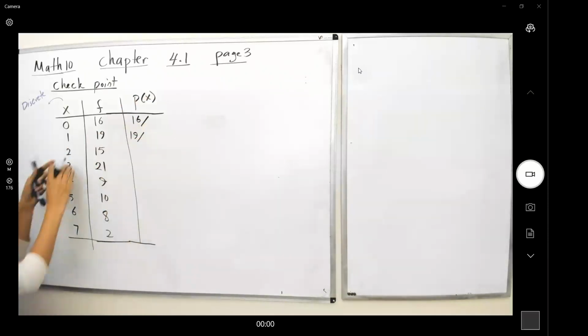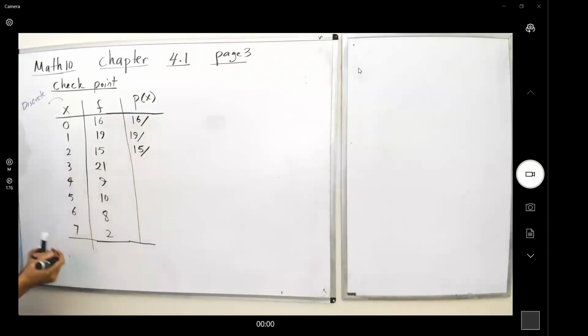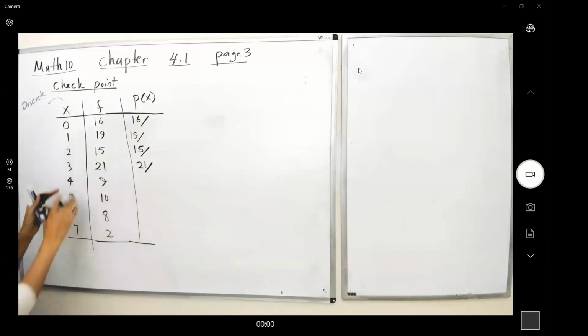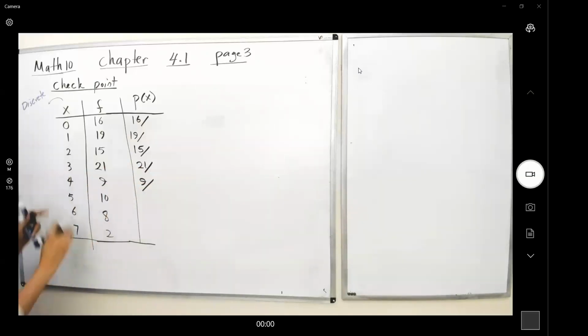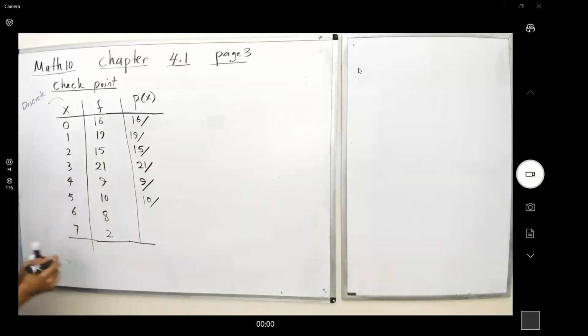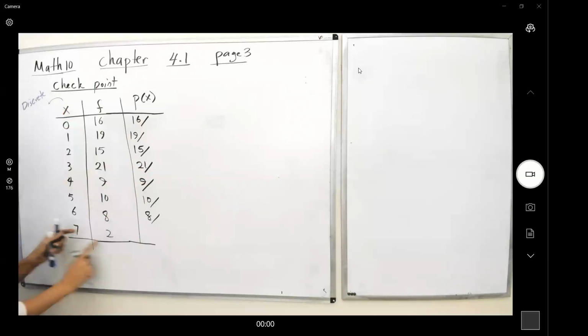P of X equals 2, the frequency is 15 divided by. P of X equals 3 is 21 divided by. P of X equals 4 is 9 divided by. P of X equals 5 is 10 divided by. P of X equals 6 is 8 divided by, and P of X equals 7 is 2 divided by.